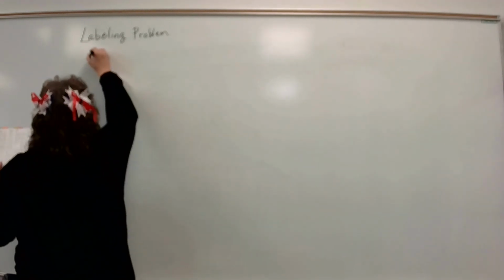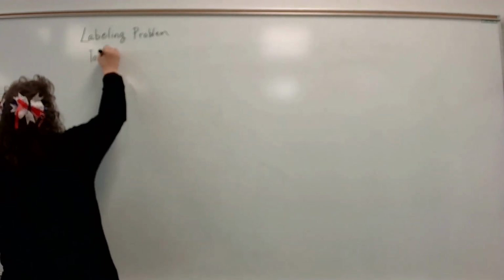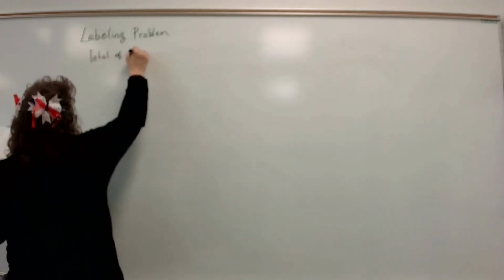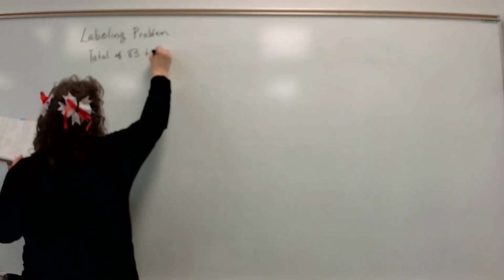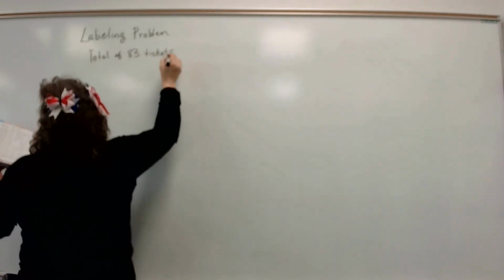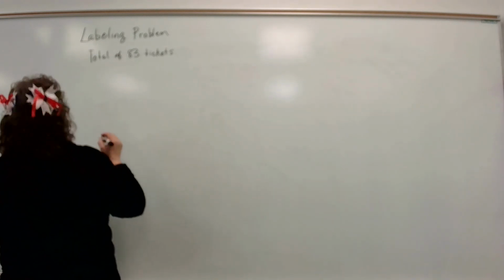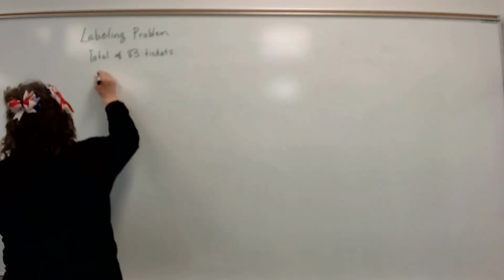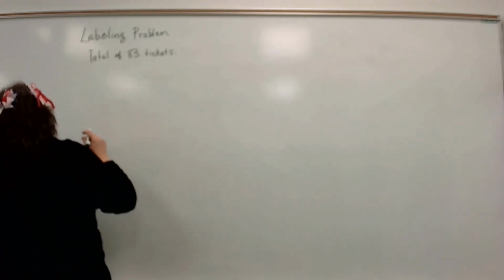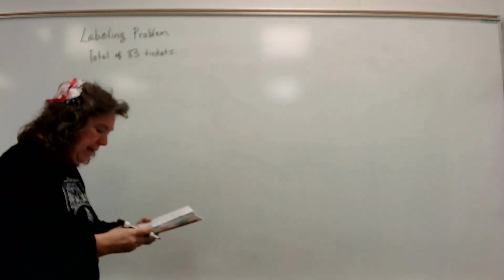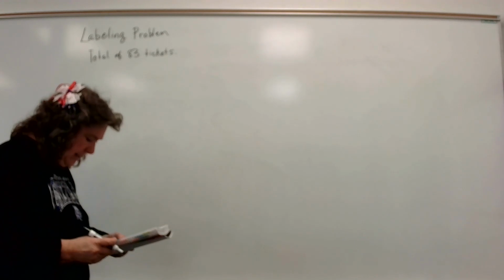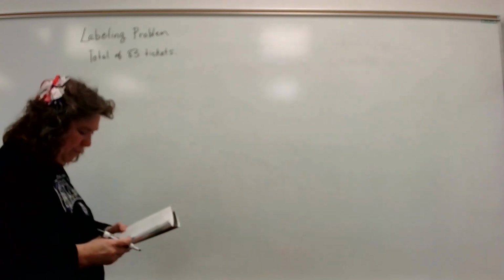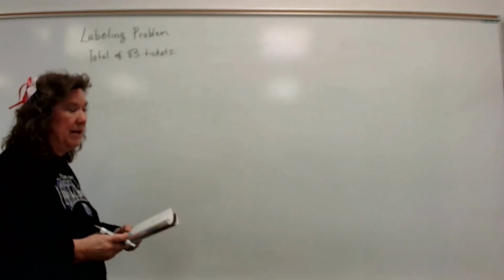So we have a total of 83 tickets must be booked. And then it says he books 6 more tickets on airline A than on airline B, and on airline C he booked 5 more than twice as many as airline B.